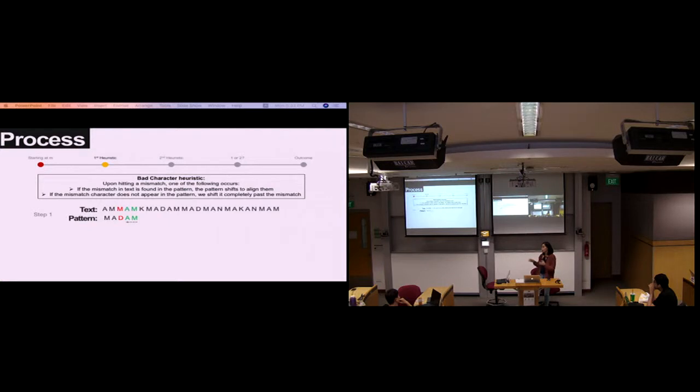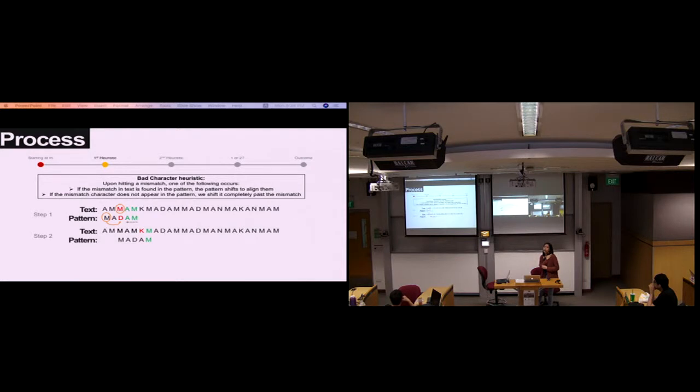So what this rule tells us is that we're gonna take the letter M and try to find it in the pattern. And if we see that M occurs in the pattern, which it does, we're gonna shift it to the right until we get what we have in step 2. So we actually skip one unnecessary comparison. And over here in step 2, we see that the letter K is the one that is mismatched.